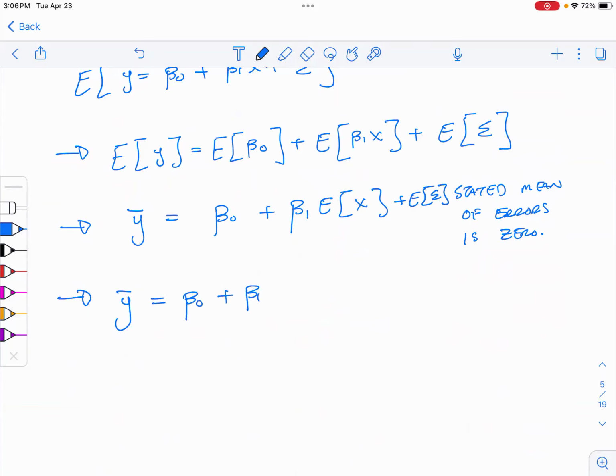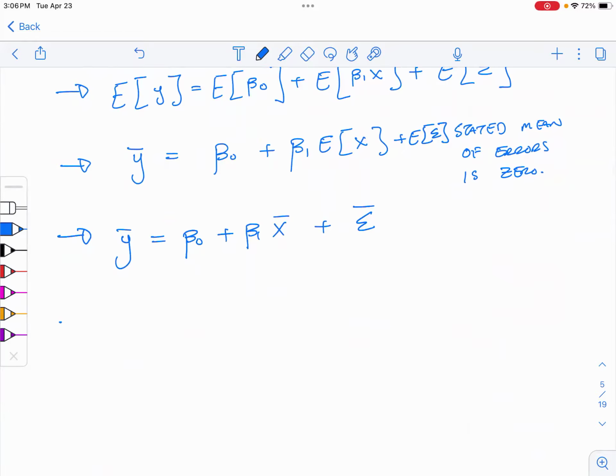Which means the expected value of x is x bar, and then the expected value of the errors, we would call that e bar or epsilon bar. And since that is 0, that value goes away.